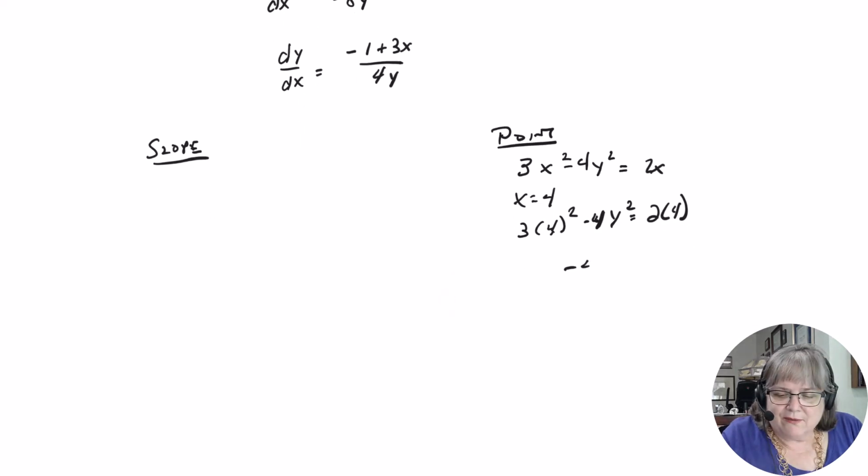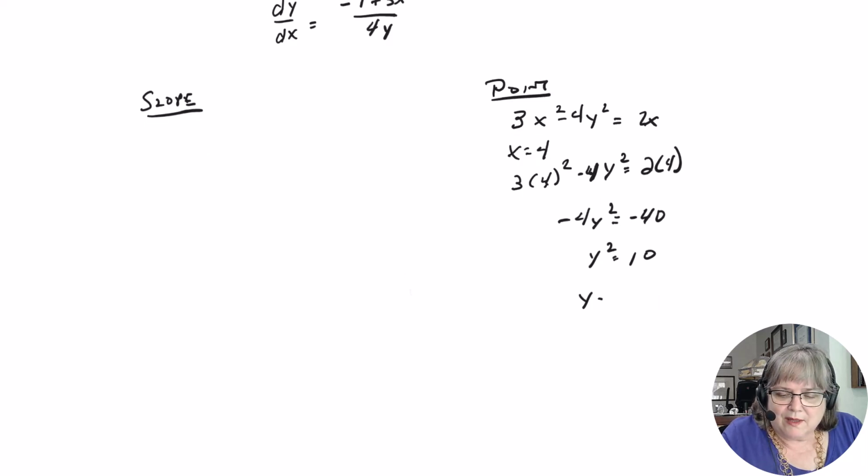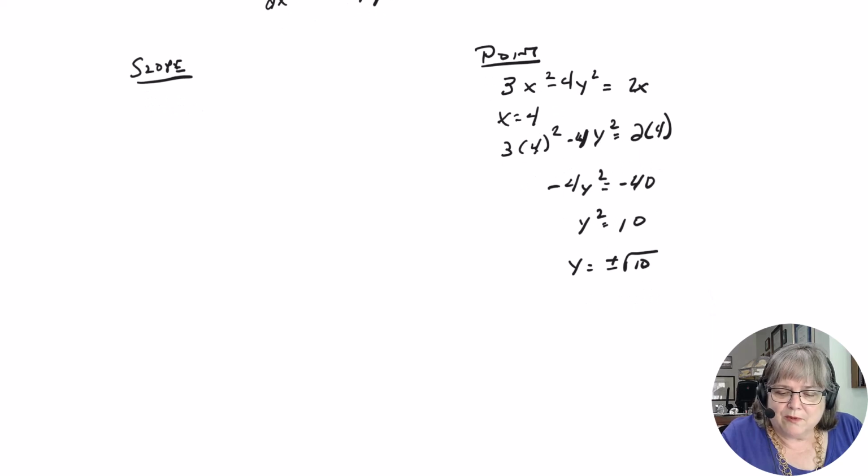So you'd have negative 4y squared is equal to negative 40 after you do the math. So y squared is equal to 10. So y is equal to plus or minus the square root of 10. So you have 2 points: (4, square root of 10) and (4, negative square root of 10).